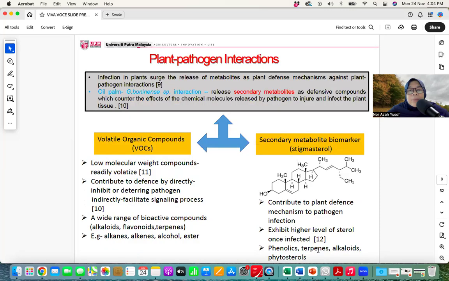So my student has just finished her viva, trying to relate a biomarker for early detection. There is already a detection method for this Ganoderma, but it has to be done by sampling and then bringing back to the lab.